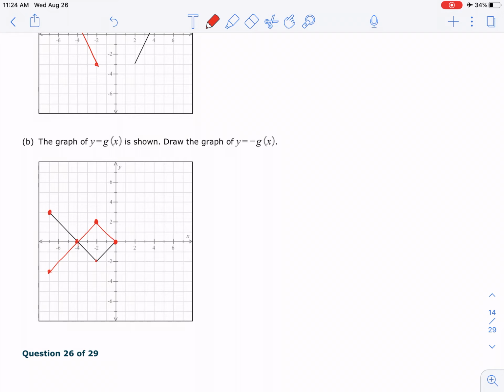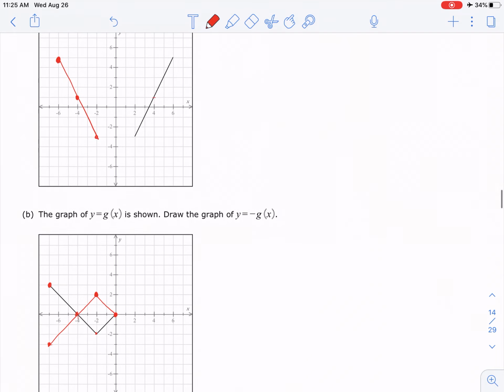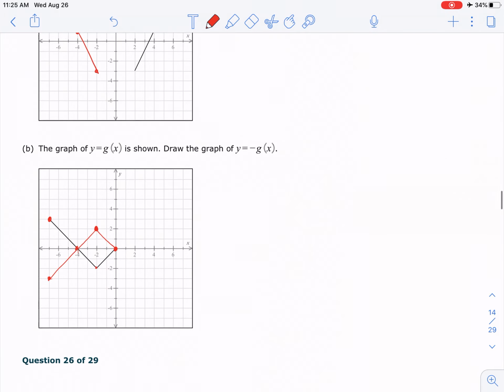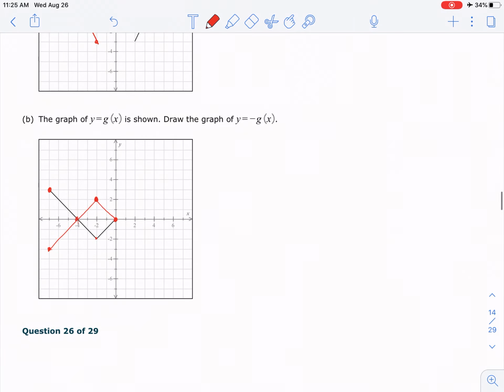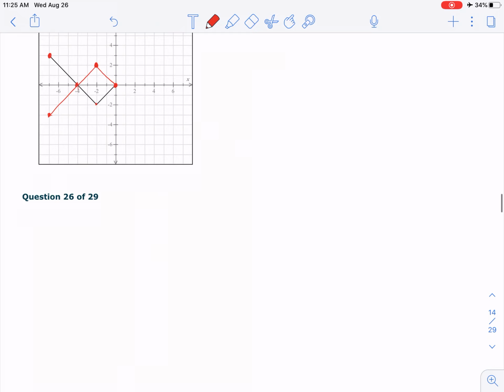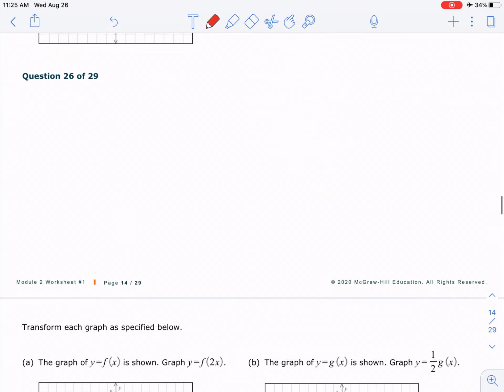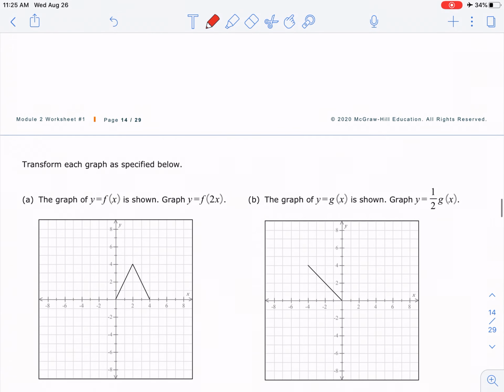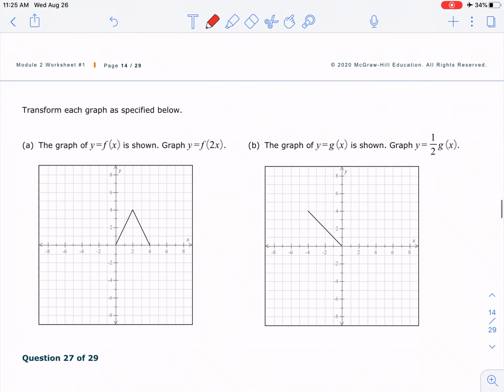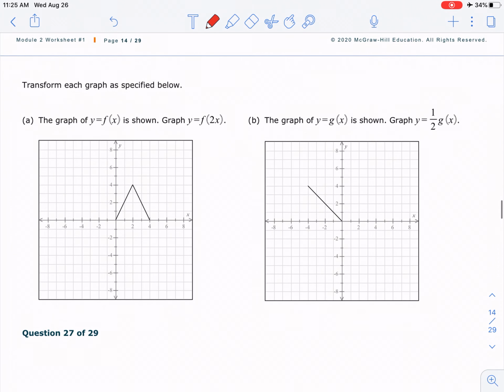Okay, so earlier for part A, I looked at x. For part B, I looked at y. Now number 26. Now you see that we have y equals f of 2x.